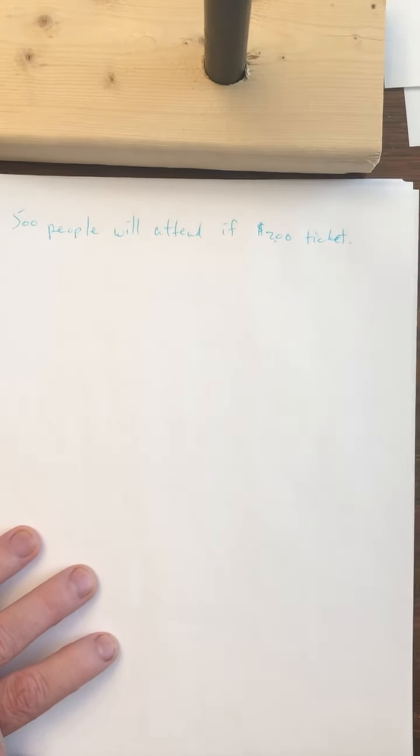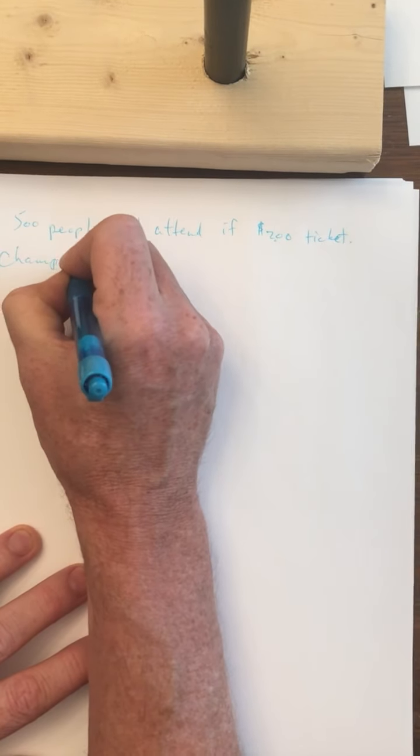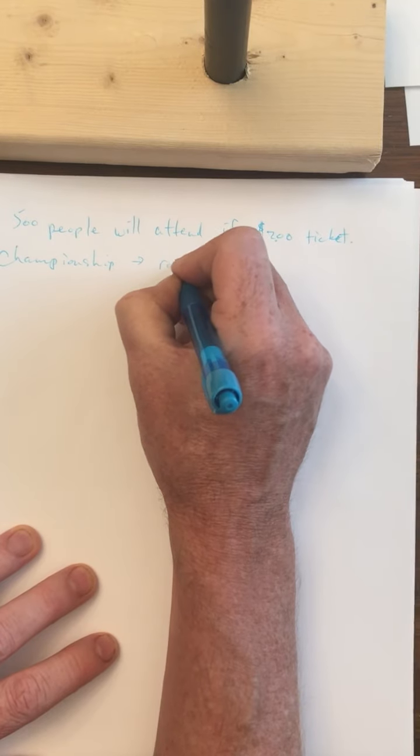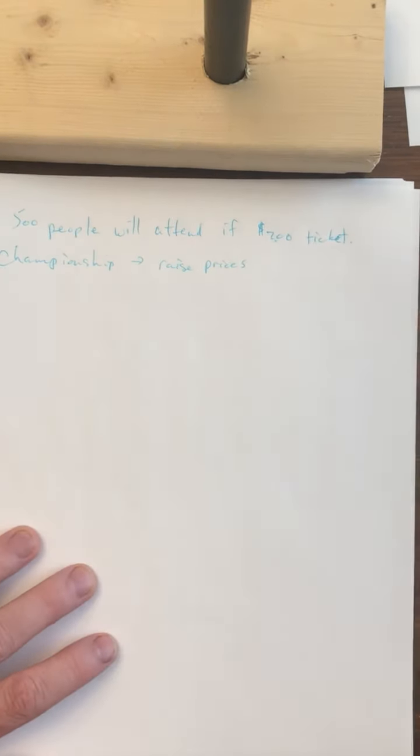They also, for the championship game though, they want to raise the prices. They want to make more money. Our question is, how much can they raise the prices by in order to maximize profits?